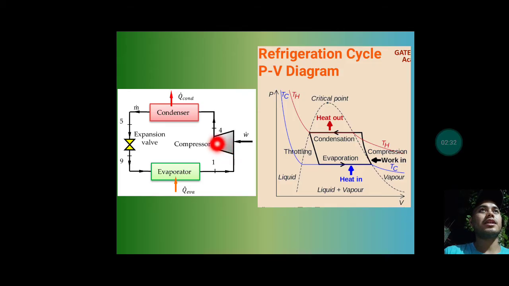As the gas refrigerant is compressed, its temperature increases, and the pressure is also high. So high pressure and high temperature. And then as it goes to the condenser, the condenser will absorb the heat from the compressed refrigerant. So heat is removed outside.